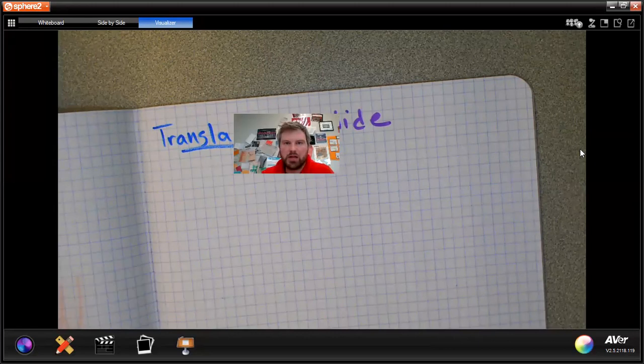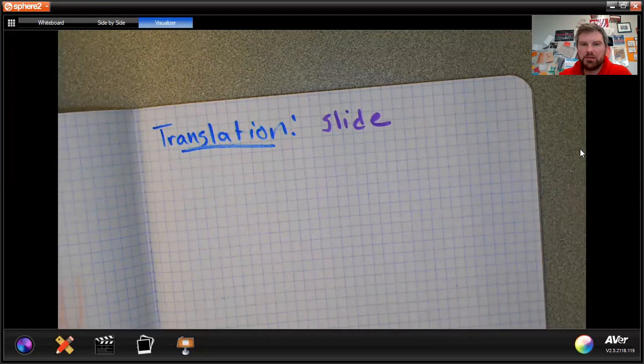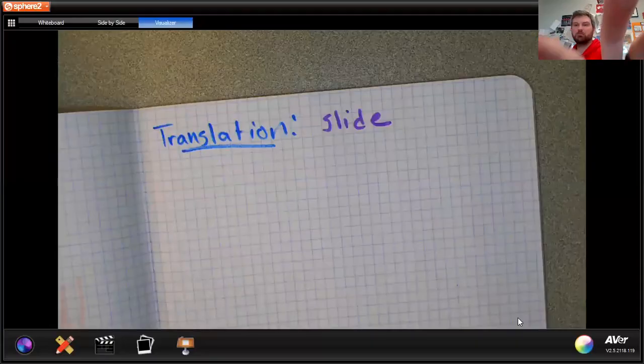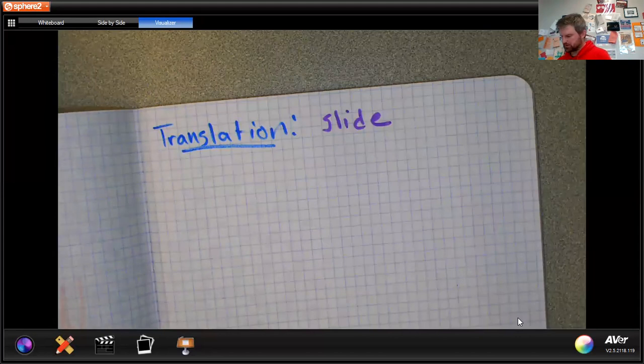So I can go up and down, left and right, diagonal, in a circle, I can move it everywhere I want. And the surface of our computer is a plane, so I can move it anywhere in the plane. I can't push it forward or pull it back or anything like that. That wouldn't be a translation.